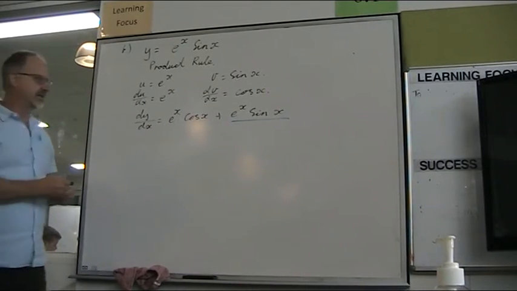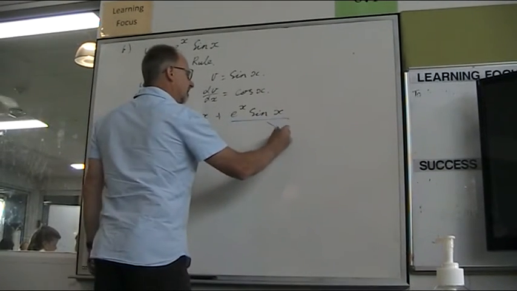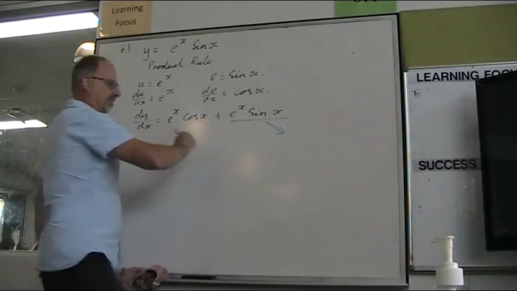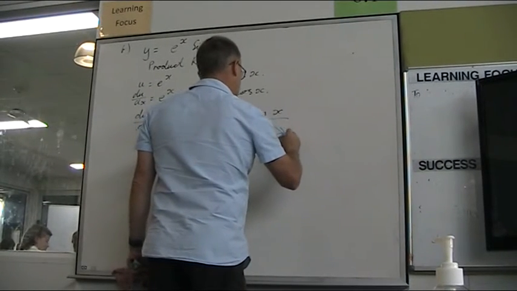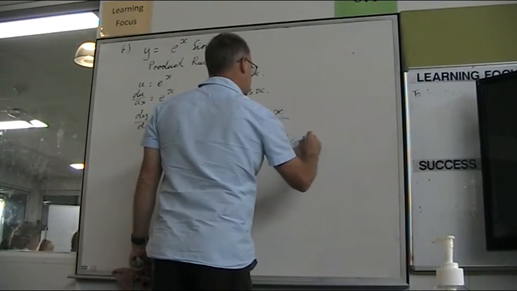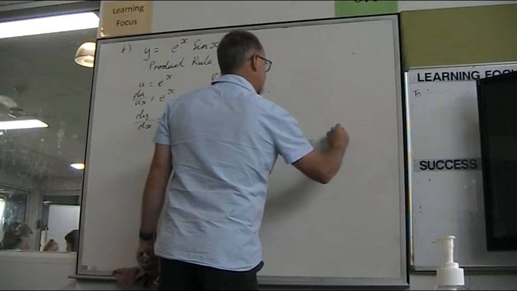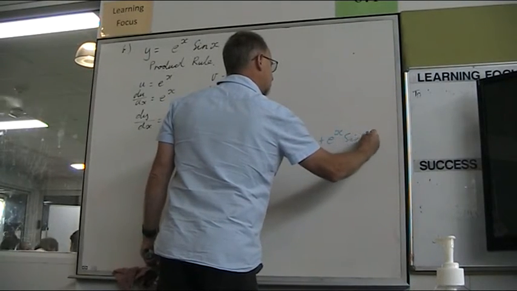So we know that this e to the x sine x bit then is going to become e to the x cos x plus e to the x sine x.